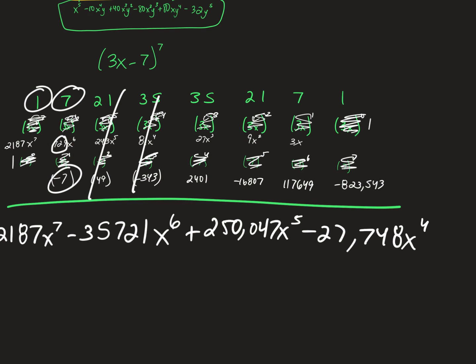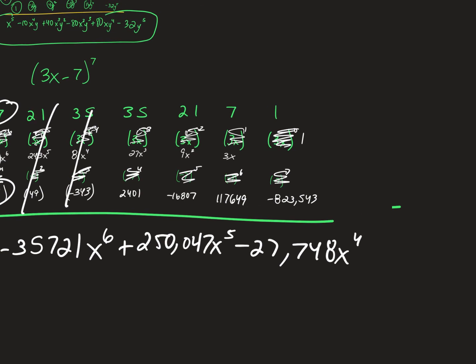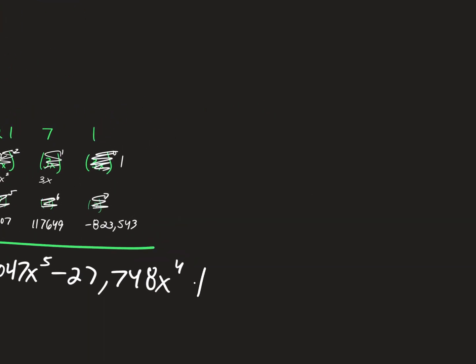We went to the top, now we're coming back down. So now 35 times 27 times 2401. What did we get? 2268945, right? x to the third.